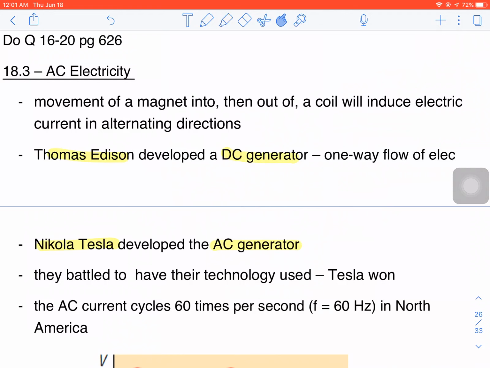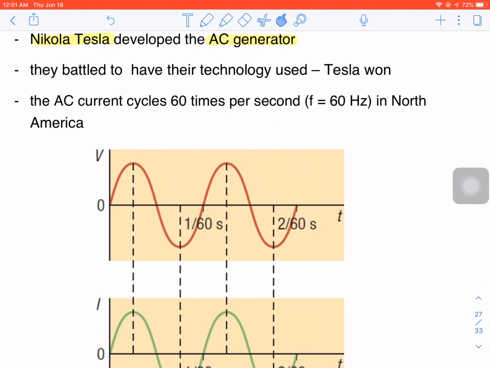Now, what happens today in North America is we have electricity that goes forward and backwards, and forward and backwards, and it keeps going back and forth. It has one cycle of this wave every 1/60th of a second, 2/60ths of a second, 3/60ths of a second.